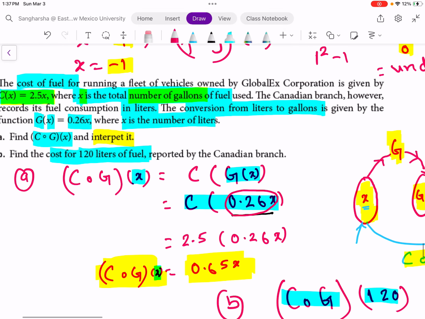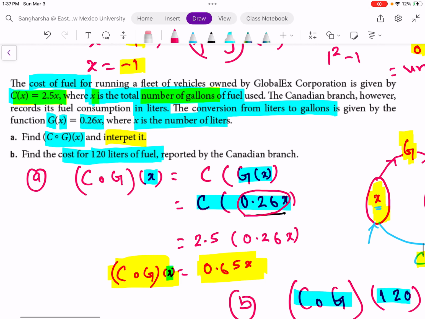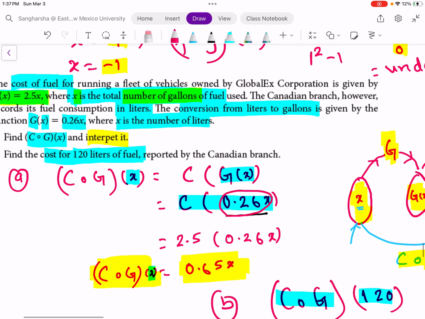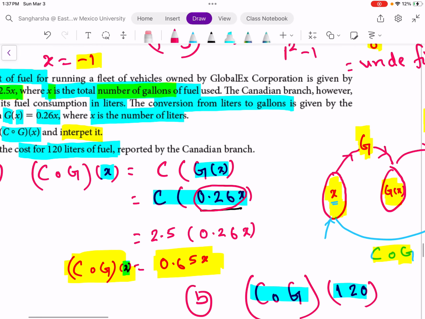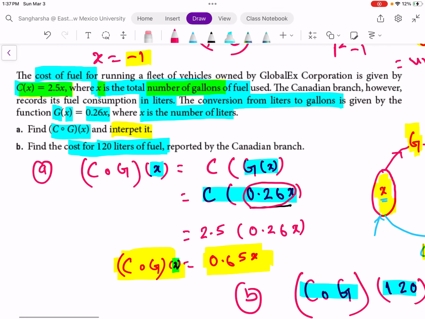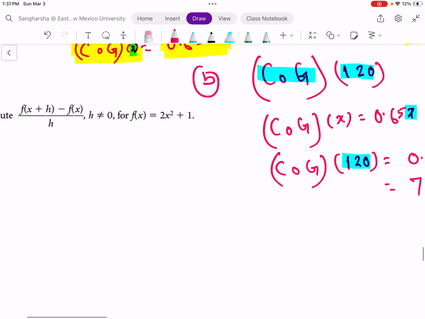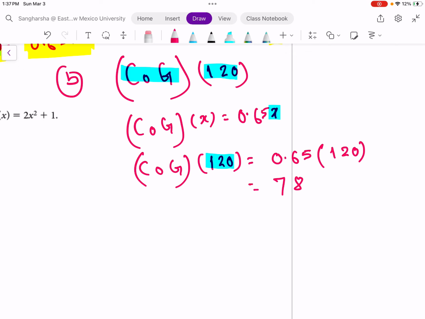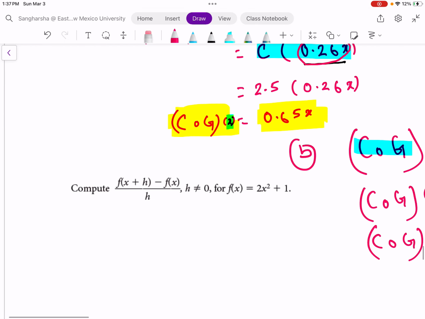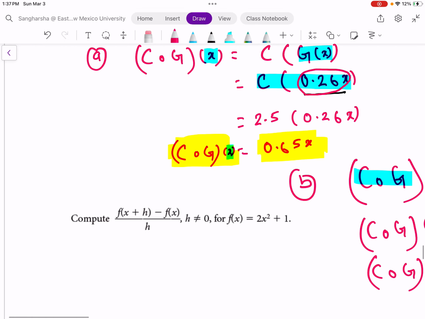It does not tell us whether the cost is in dollars, but let's say we have 78 dollars. So the $78 is the cost for 120 liters. This is for this real life application.